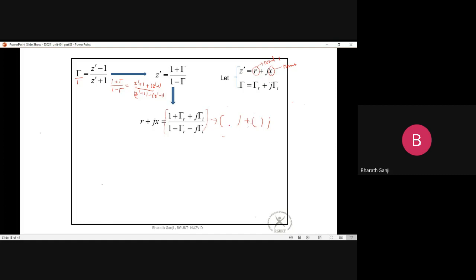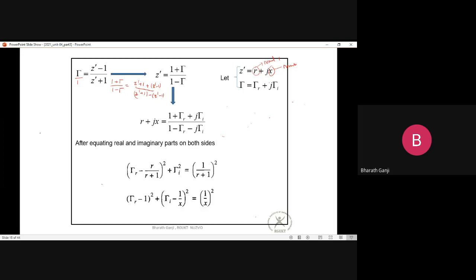Then I equate the real and imaginary parts, and I get two equations. After rearranging those two equations, you basically end up with this set of equations.